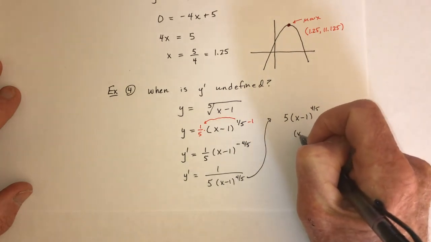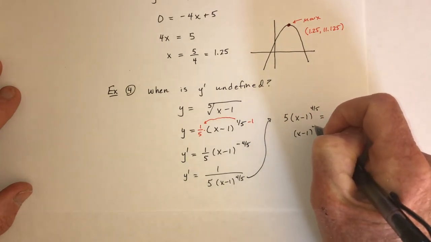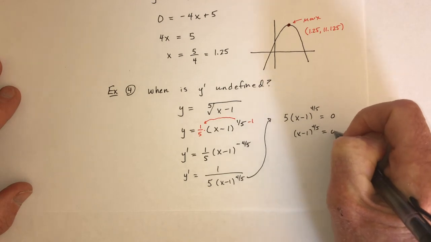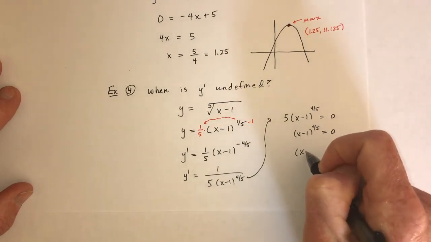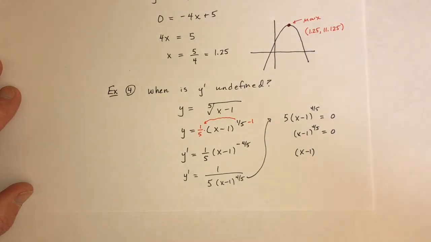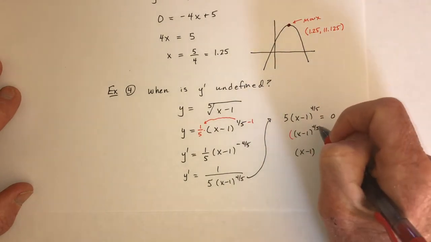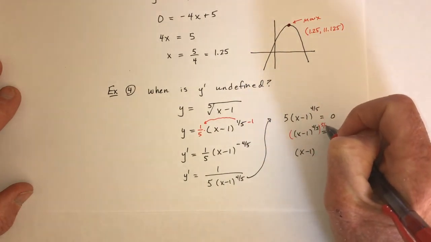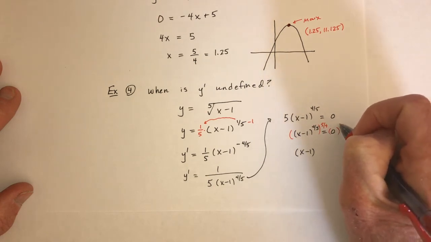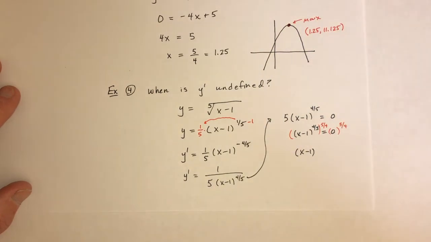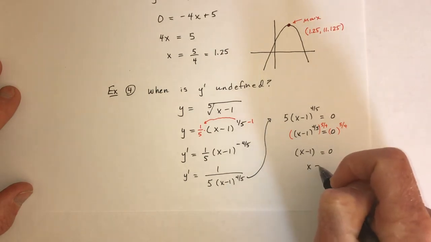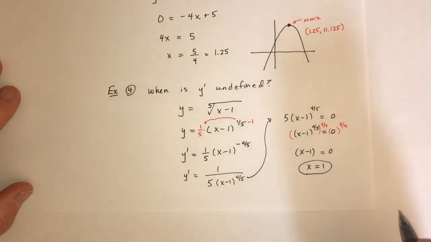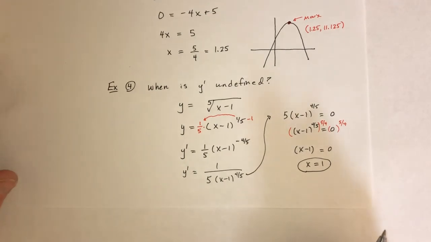Or you could divide both sides by 5 and it would still equal 0. You could then raise both sides to the 5/4 power in order to get rid of the 4/5. And the right side would still equal 0. Add 1. And it's undefined when x equals 1.